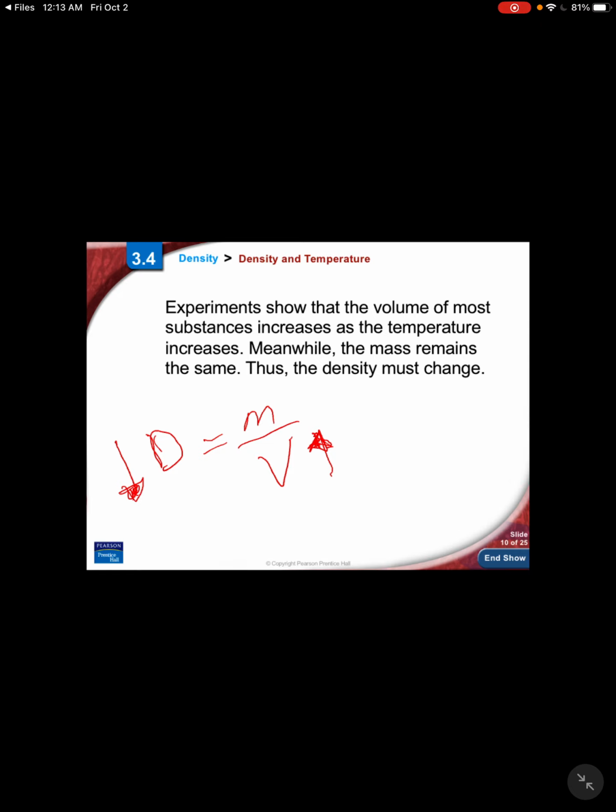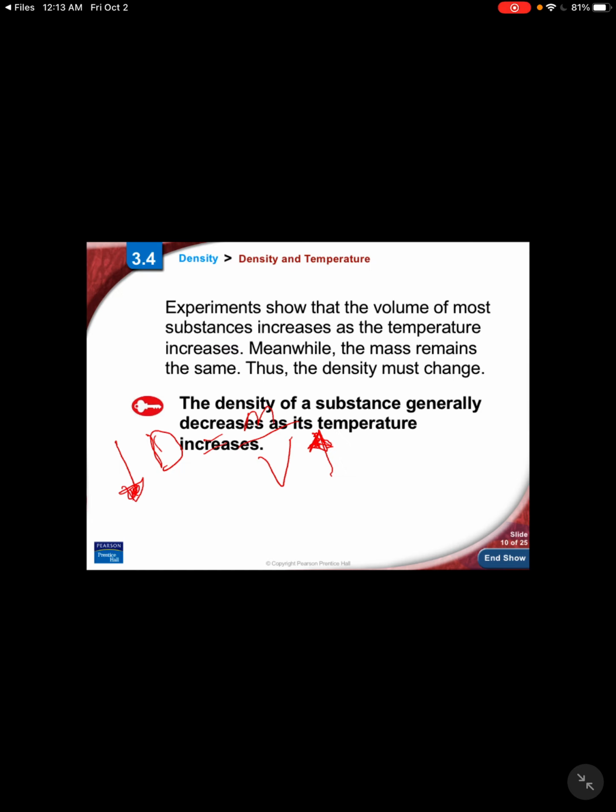Heat does not rise, okay? Heat can only flow from hot to cold. Heat doesn't rise, however, hot air does. So, here it says density decreases as temperature increases.